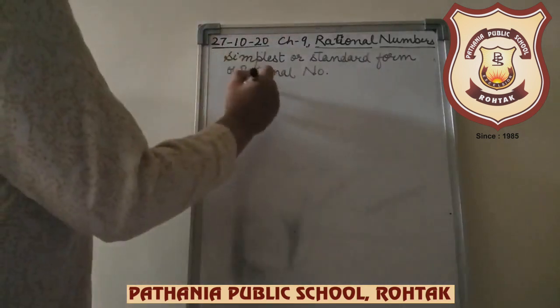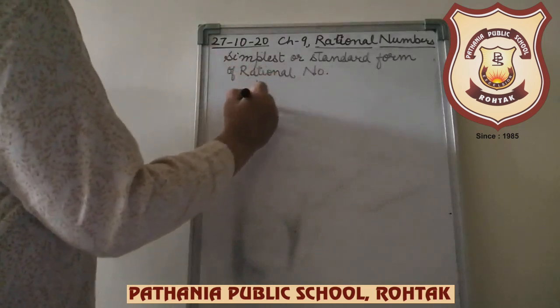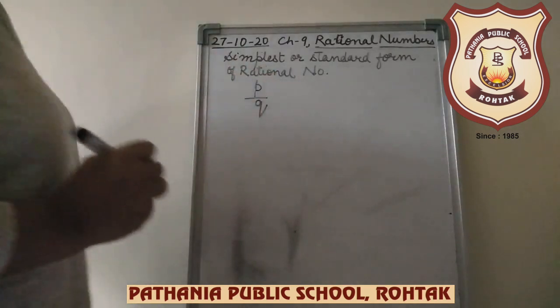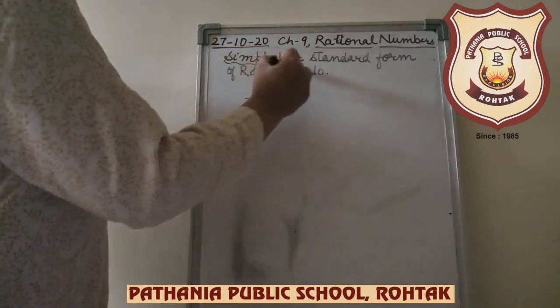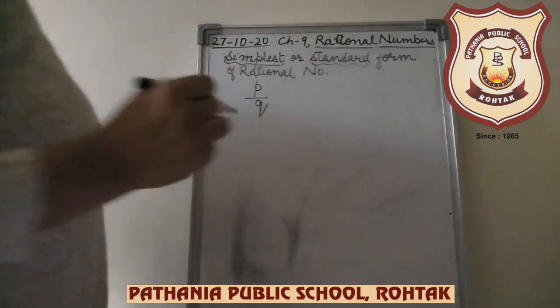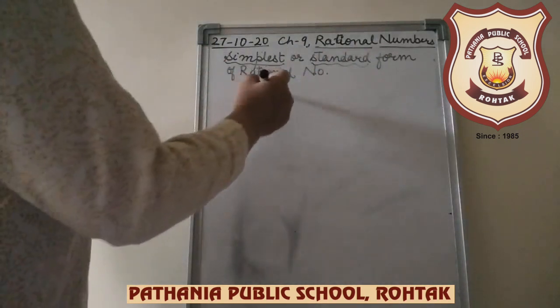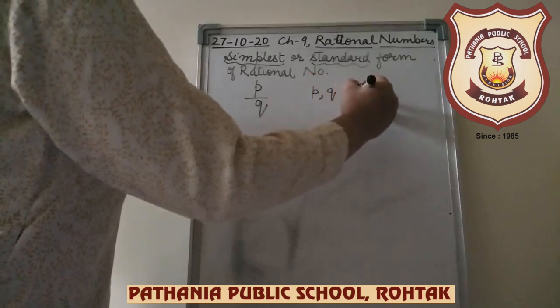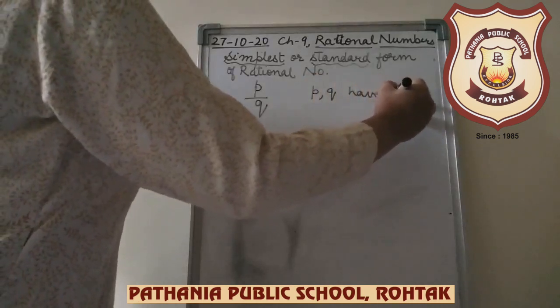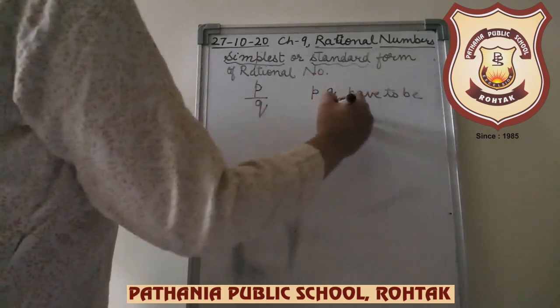Now, I told you the rational numbers are in the form of P upon Q. Now here, when you have to write in simplest or standard form, both P and Q have to be co-prime.